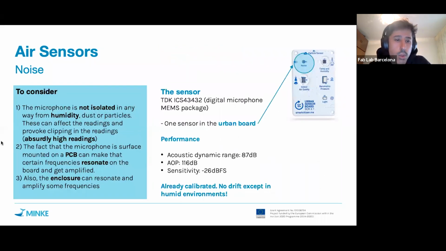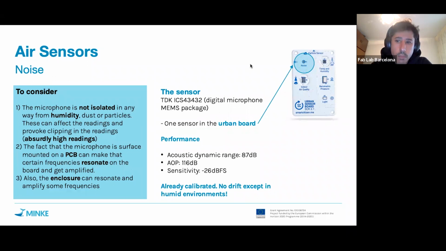An important thing to consider about all of this is that the microphone, as you can see here, is on the urban board. So it's a microphone like any other one, which has a small inlet for the sound pressure to go to the sensing element, but it's not isolated in any way from humidity, dust, or particles.